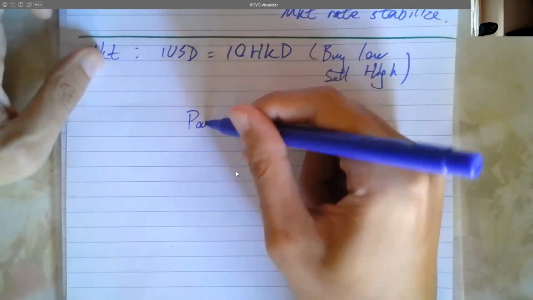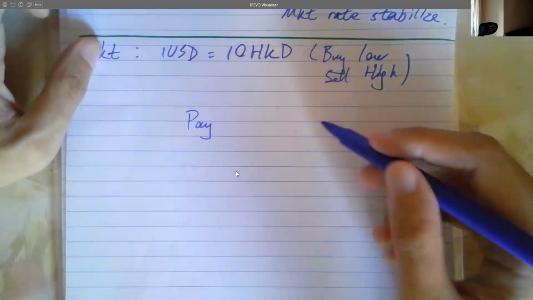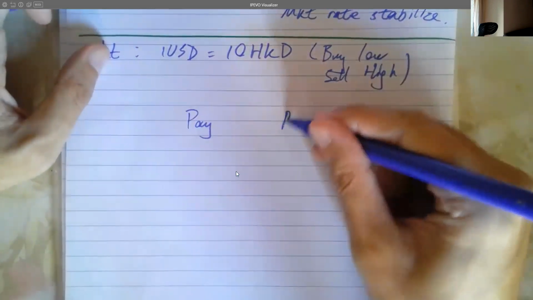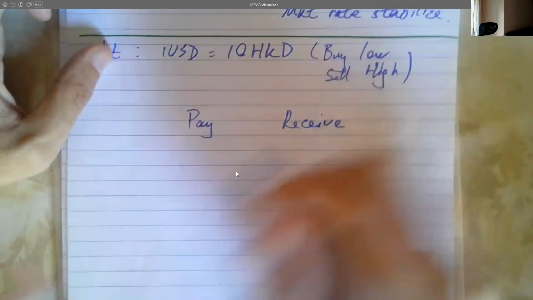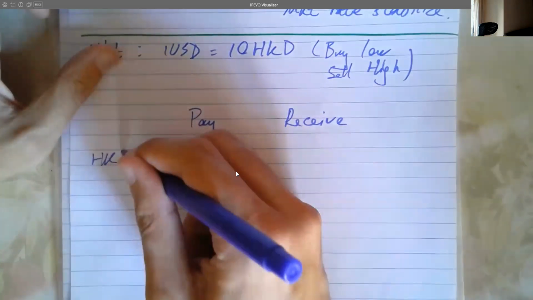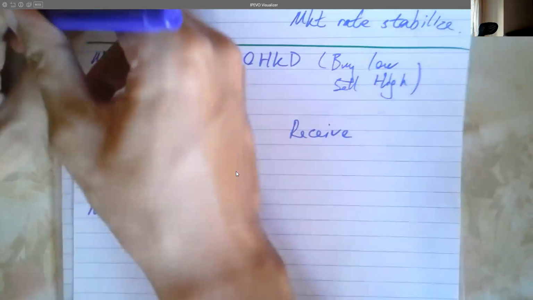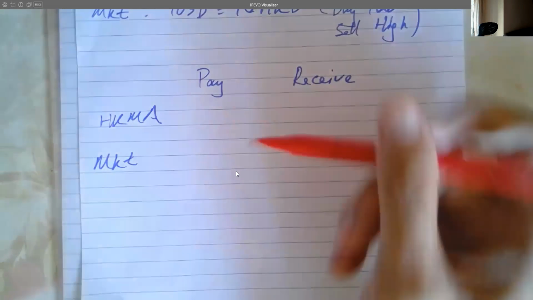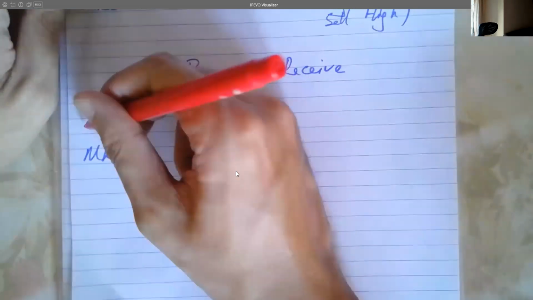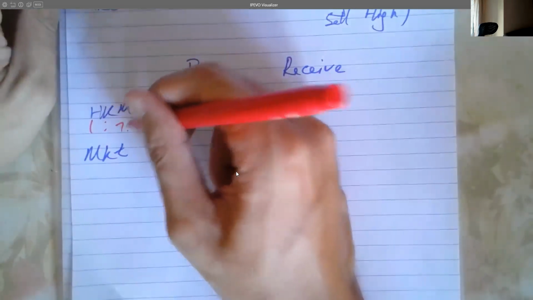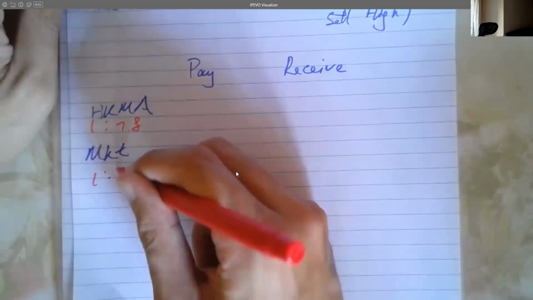Remember this table we have seen in the last video. We have pay, receive, then here we have the HKMA side and the market side. Remember, the HKMA side is always 1 to 7.8. Now the market is right now 1 to 10.